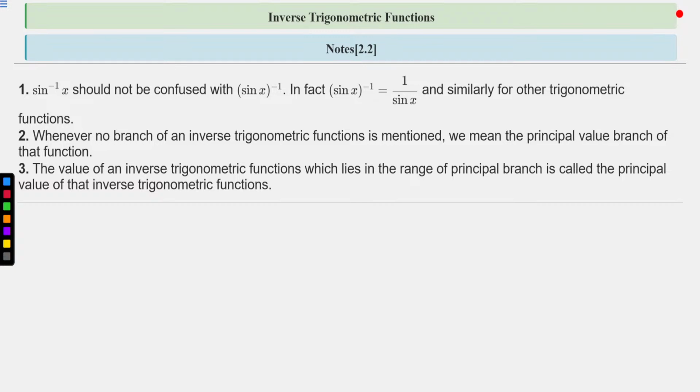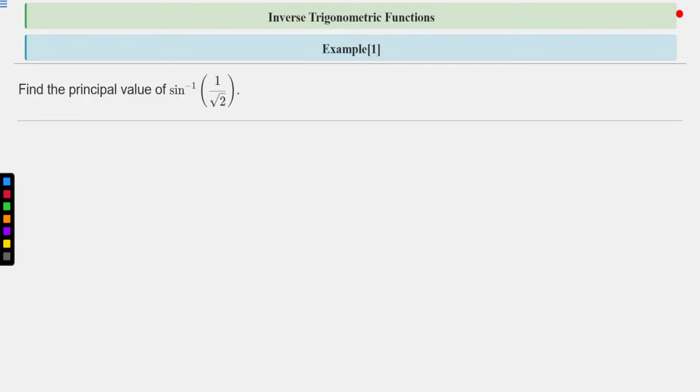You have to keep this in mind and remember this. Okay, let us move to the next slide. Hope you understood. If you have any doubt, you can ask. So we will start discussing questions.